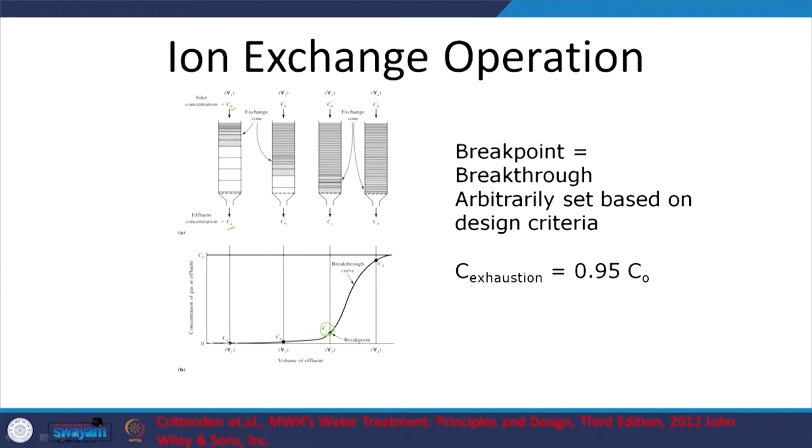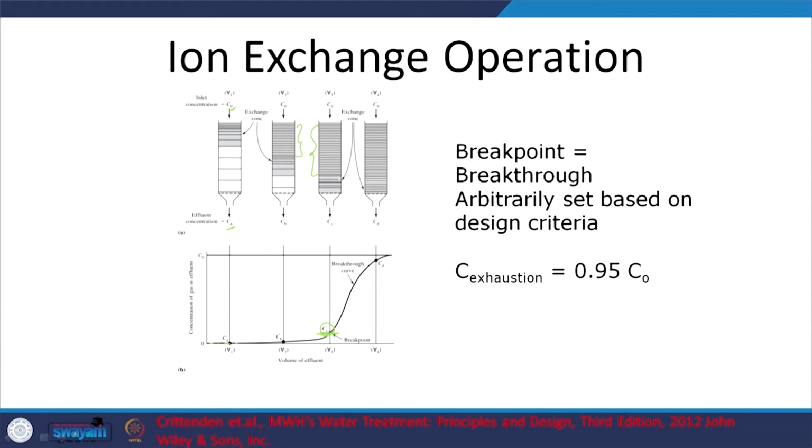Initially we have a lot of active sites, or ion exchange sites, available, and thus most of the cations are being taken up. But as we move further down, almost all the sites are being used up, and at this particular point we have the breakthrough. Why are we calling it the breakthrough? Because my concentration of interest has been crossed by the effluent concentration.